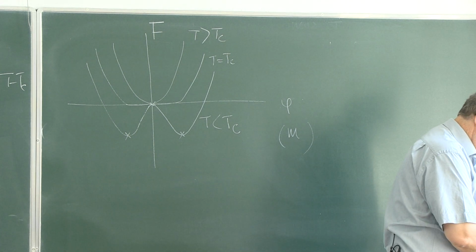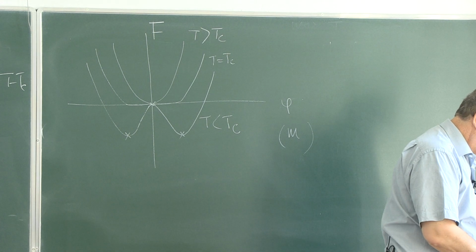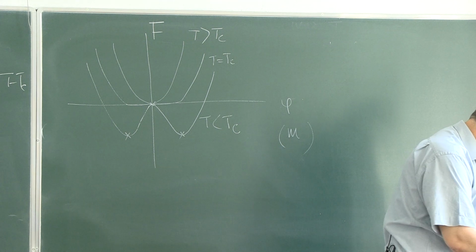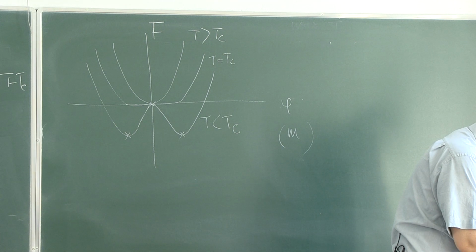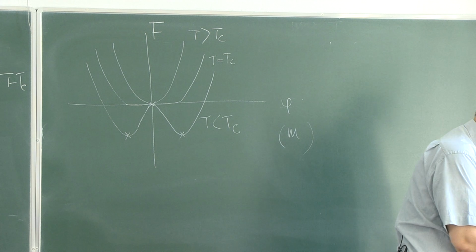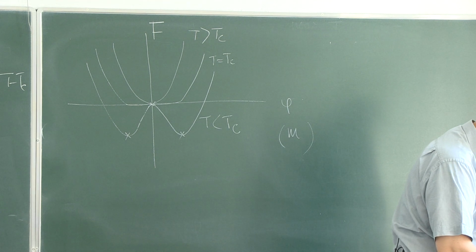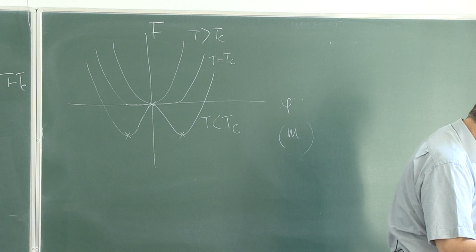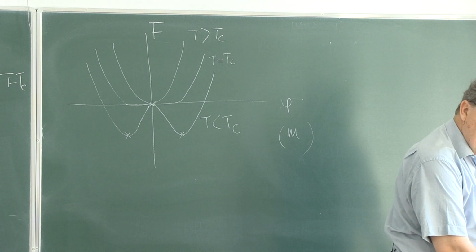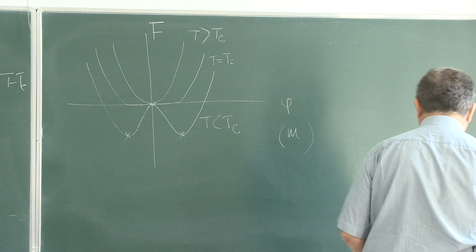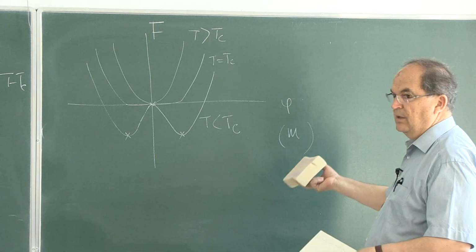Well, you can have a simple model good for ferromagnetism. Let's take a mean field theory and explicitly calculate the free energy as a function of magnetization to see the same thing.